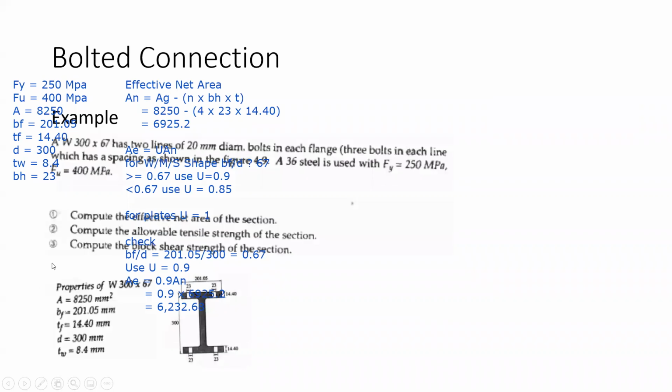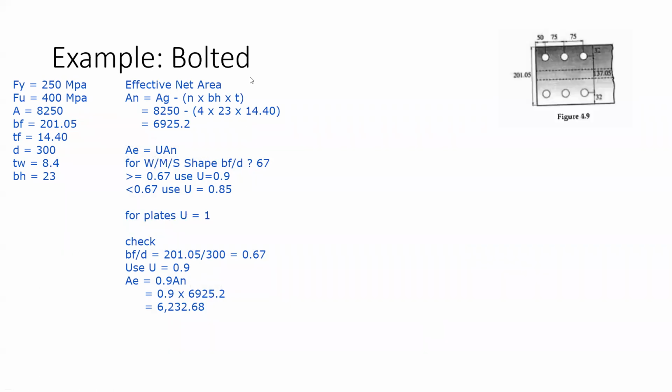Let's go to your next question. Allowable tensile strength of the tension. So for tensile strength, we have two: your gross area and your net area.